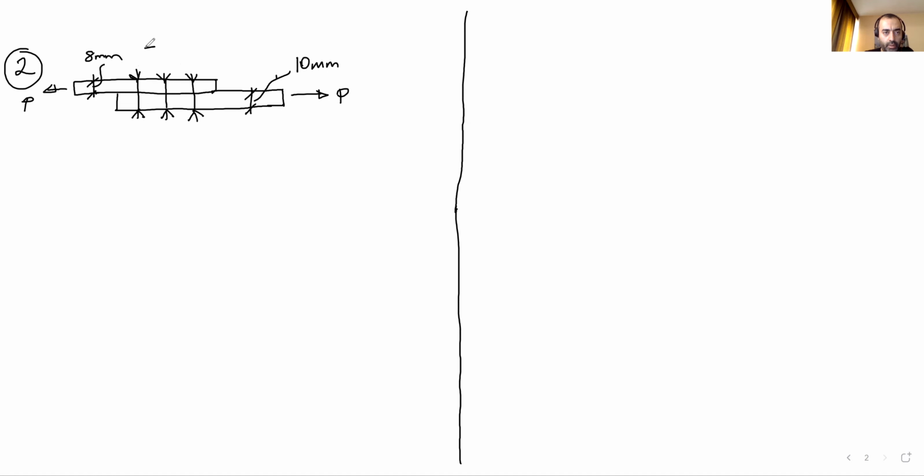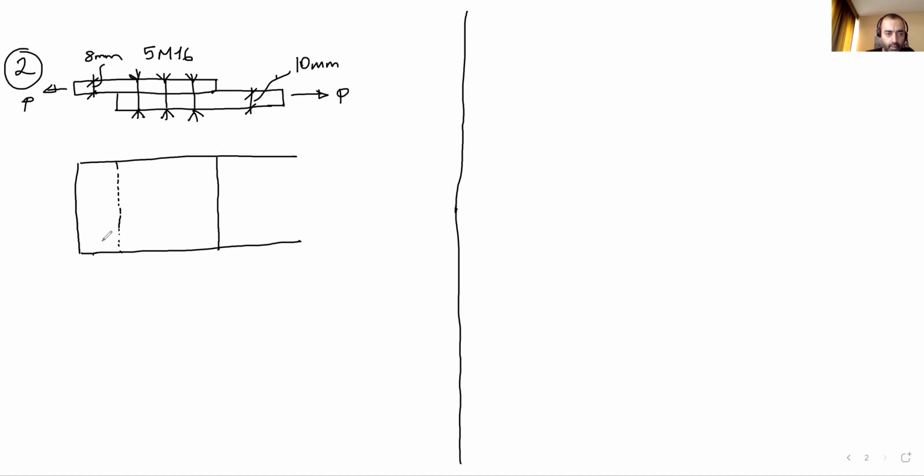We have 5 M16 bolts. This is the plan view of this connection. Let's say this plate and this is the other.